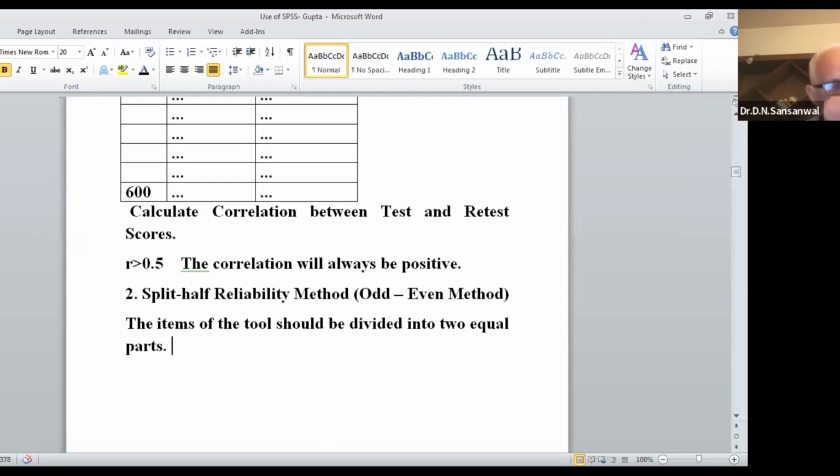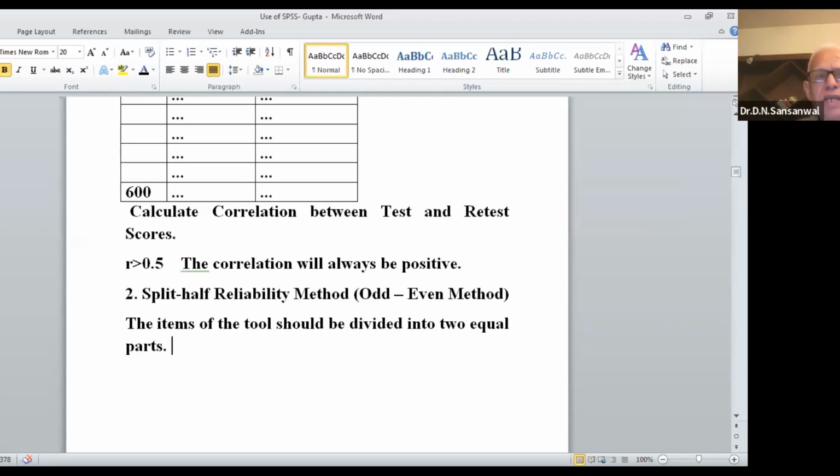Now, if you decide to use this particular method, then dear friends, it is very important that you should have two items which have the same difficulty level and same discrimination index. They must belong to the same aspect and must have the same weightages.